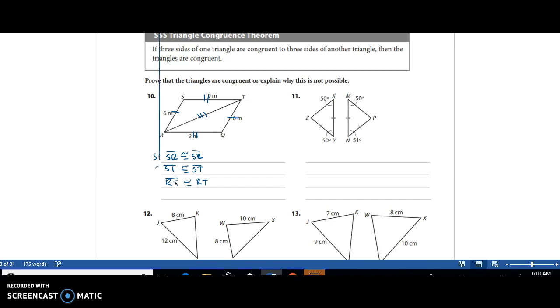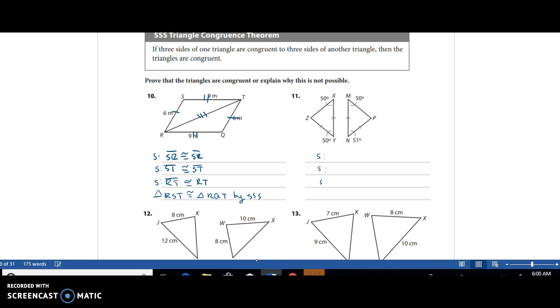S, S, S. So triangle RST is congruent to triangle RQT by SSS.